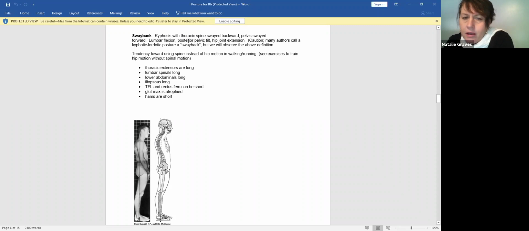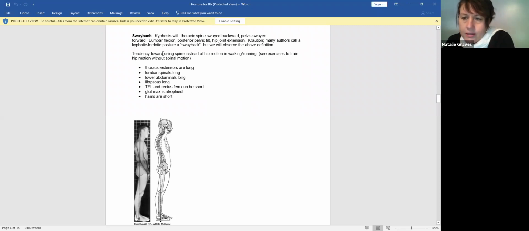Now, because the pelvis is swaying posterior into a posterior pelvic tilt, creating lumbar flexion, the hips will do the opposite. They have to. So they will be in a position of extension. I know this doesn't look much like the traditional hip extension that we're used to talking about, but that is what is happening within the joint surfaces themselves.